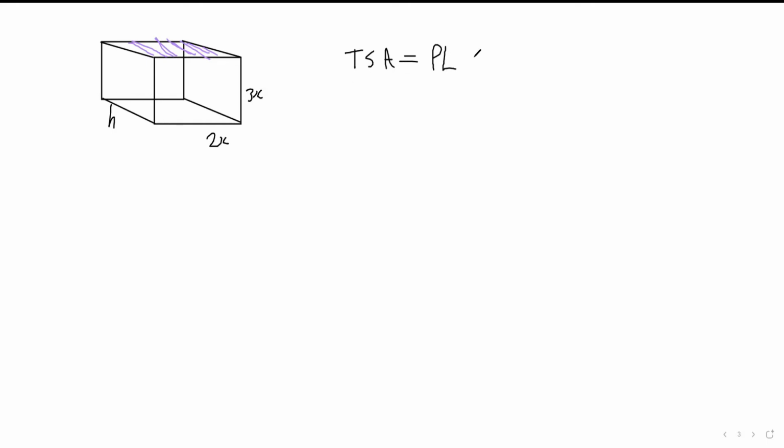It's perimeter times length plus 2 times the end area. 2 times the end area, Marika, is the area at the bottom plus the area at the top. But in this case, we don't want the area at the top, so minus A. We don't need the area at the top, Marika. We literally don't need it, because it is open. We minus A because it is open.